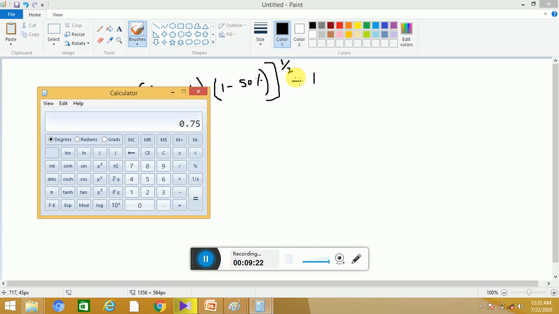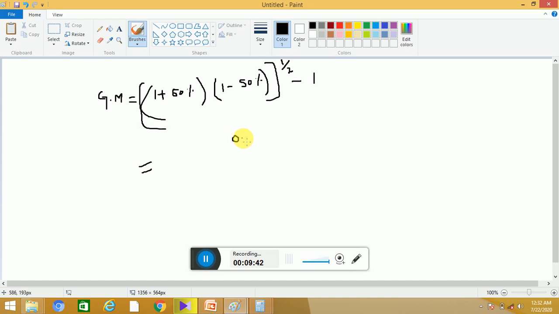This is raised to the power 1 divided by 2, which means 0.5. So we got 0.866025, minus 1.